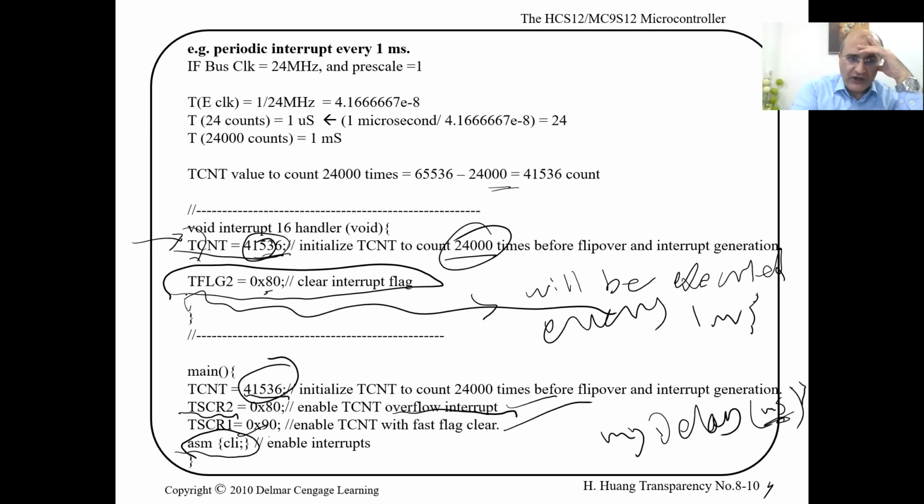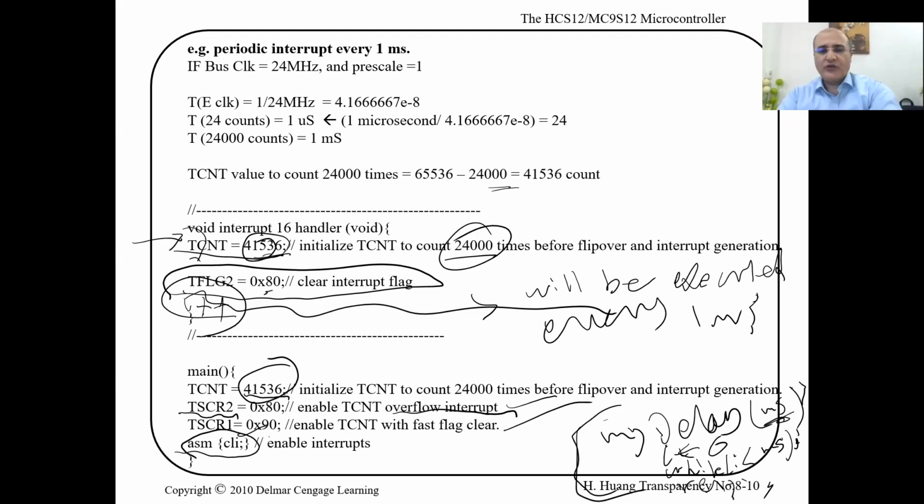You can just do i++, right? So you increment i every 1 millisecond. In your delay, you reset i to 0 and keep waiting while i is less than the milliseconds you want.